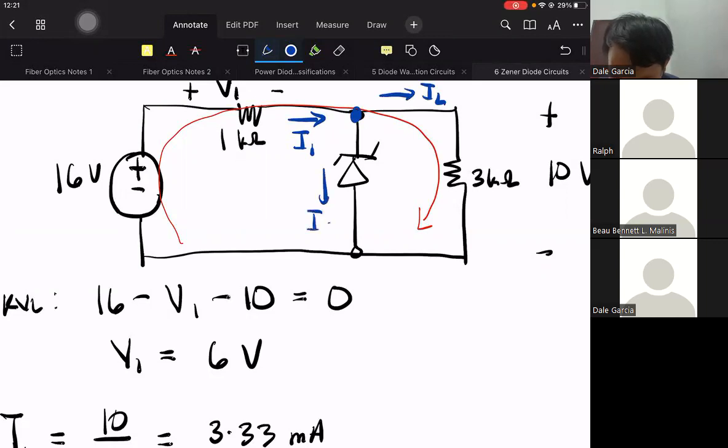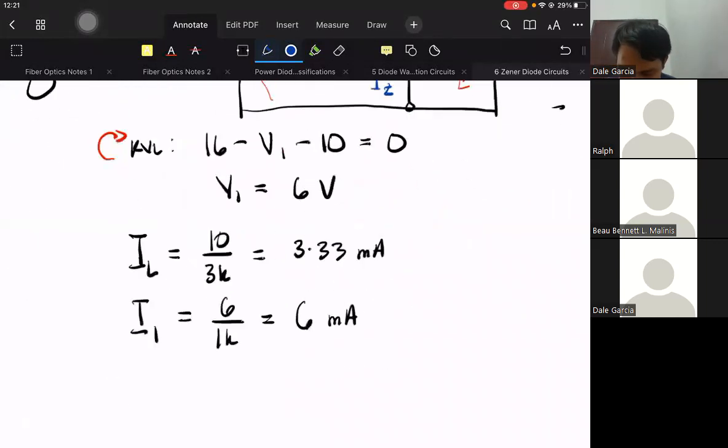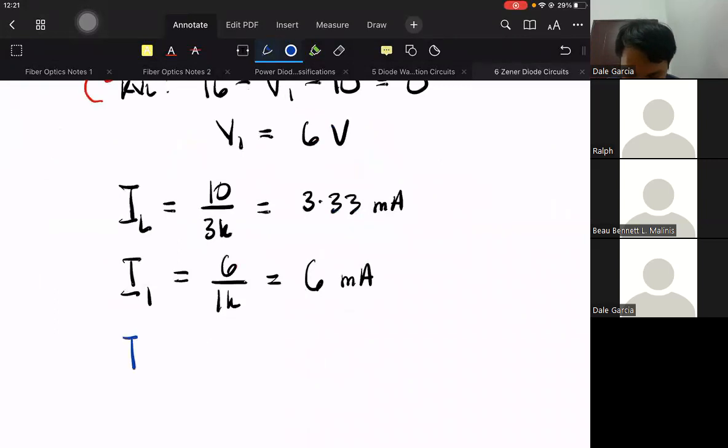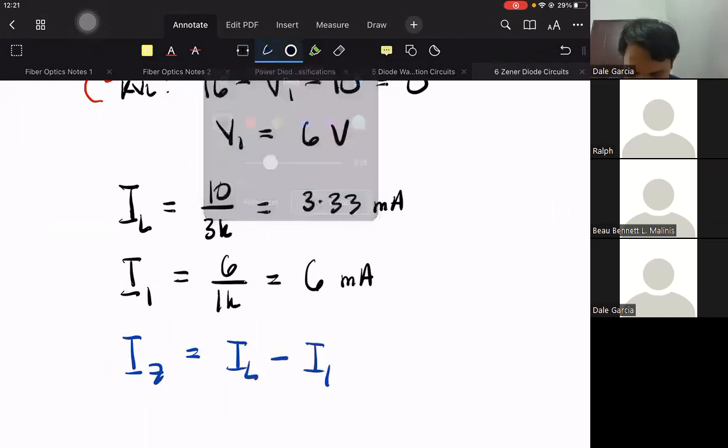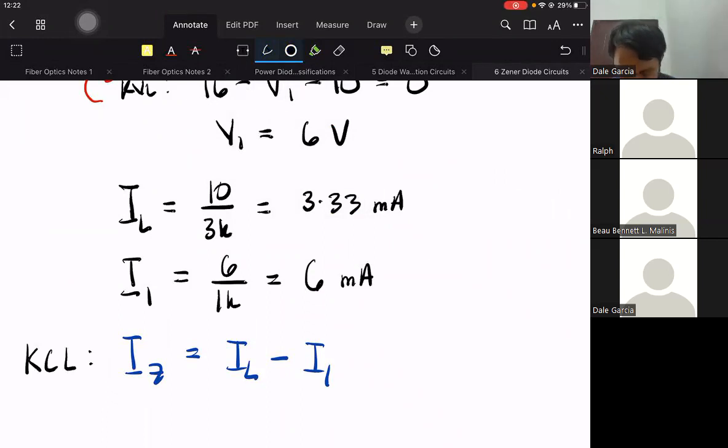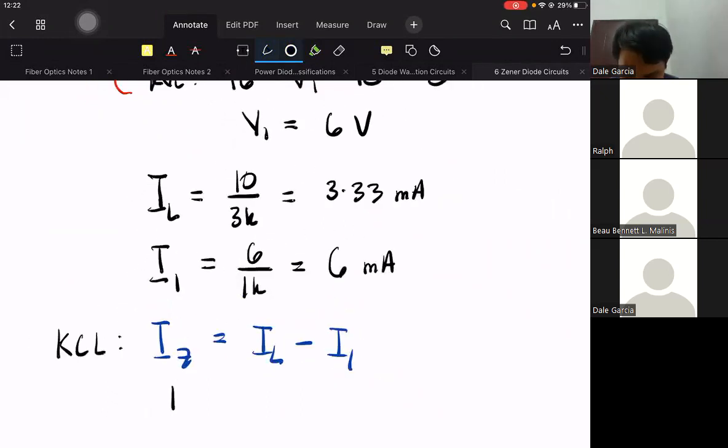Therefore, we could solve for IZ. IZ is equal to I1 minus IL by virtue of KCL. Therefore, IZ is equal to 6 minus 3.33, which is 2.67 milliamperes.